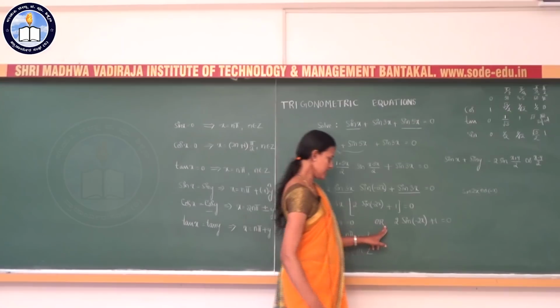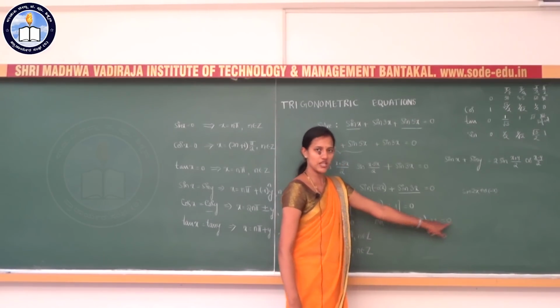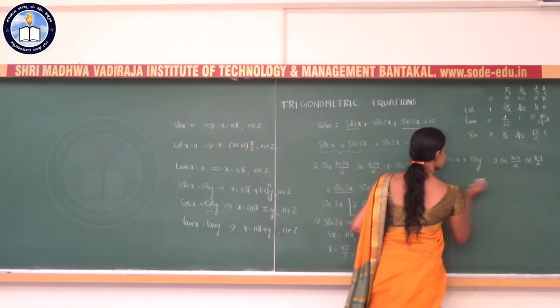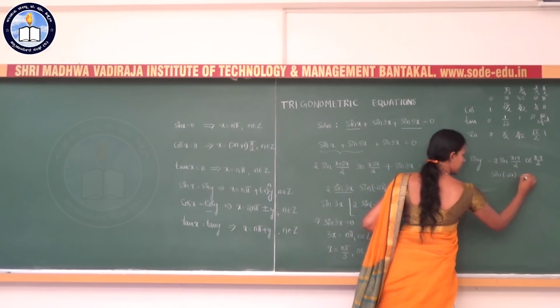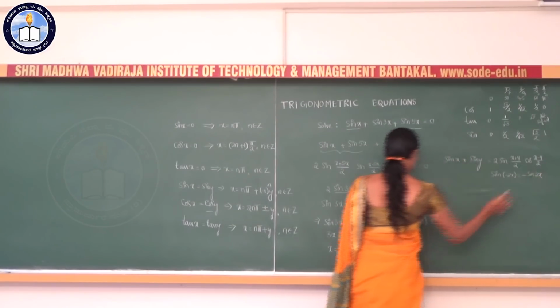Or in the other case, 2 sine of minus 2x plus 1 is equal to 0. Sine of minus 2x is nothing but minus sine 2x.